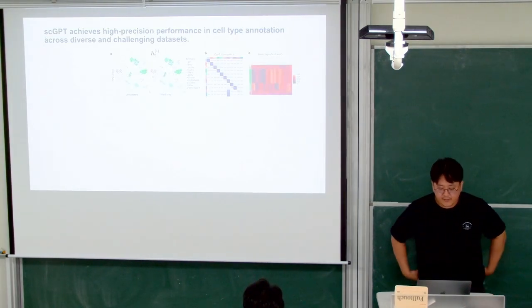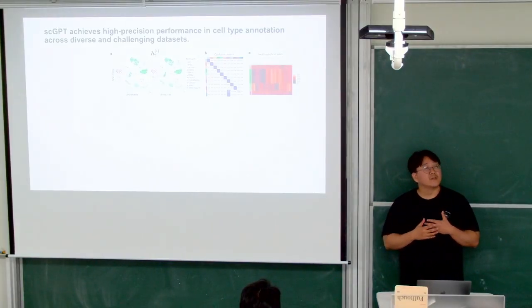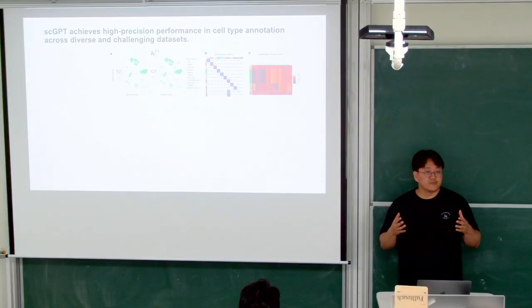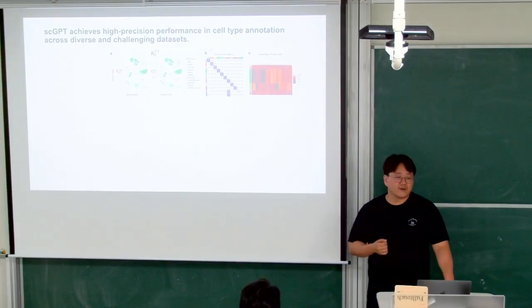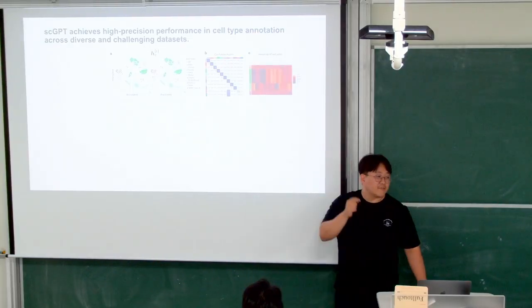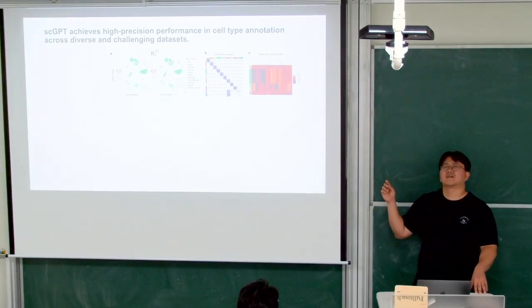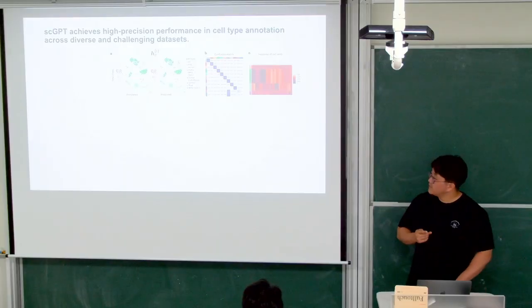After the pre-training, we will get the full pre-trained model, and this pre-trained model can give us this cell representative vector. I already mentioned that this cell representative vector serves as a kind of latent vector of each cell, right?